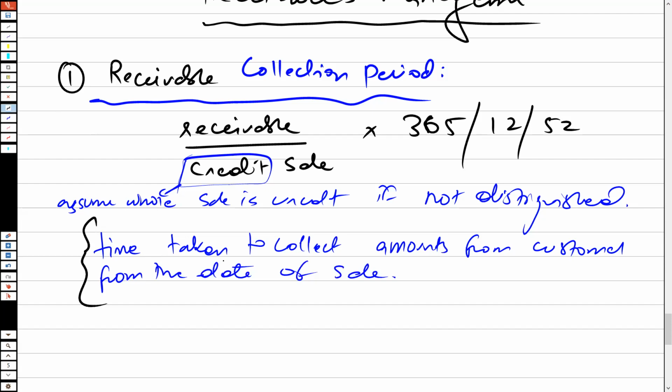So the date when you make a sale, since that day till the time of collection, the time it takes, is going to be considered as your receivable collection period. Obviously, the shorter the receivable collection period, the better it is for the entity.